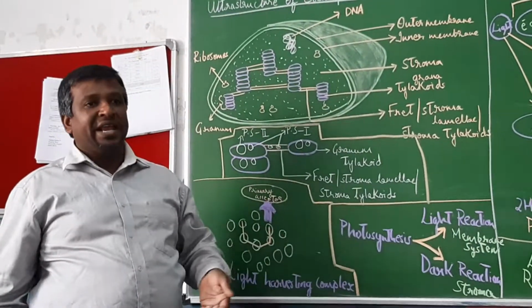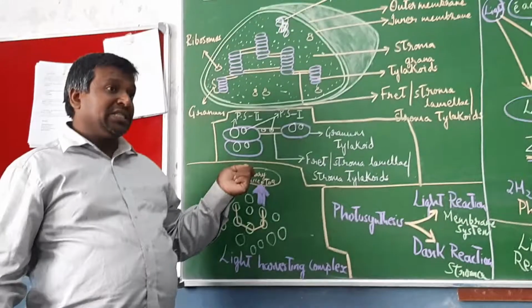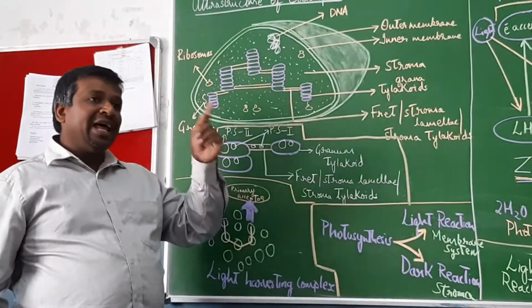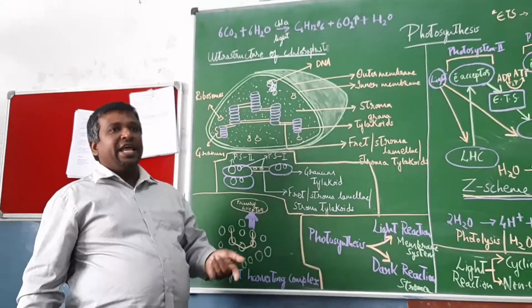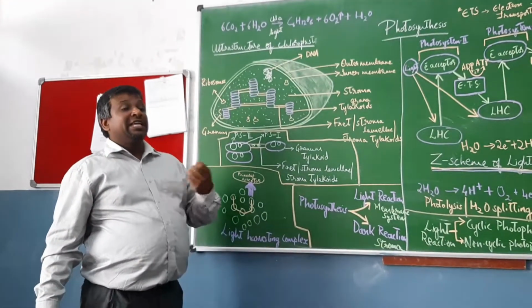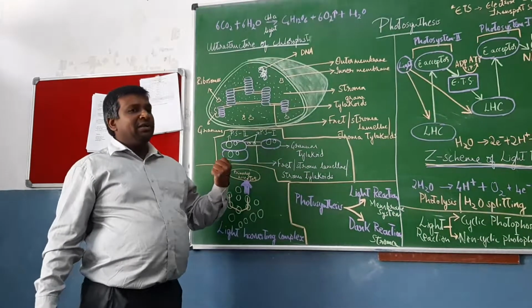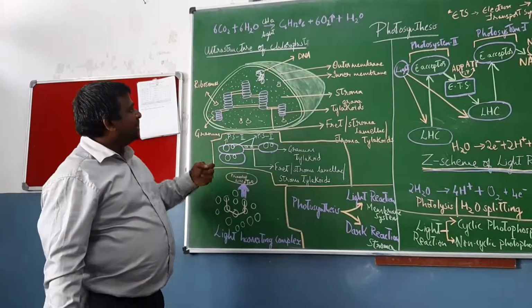It's a biochemical reaction. But photosynthesis has light reaction and dark reaction. In the light reaction, light is a necessity. The energy required for the excitation of electrons is obtained from the sun. That we will be discussing later.